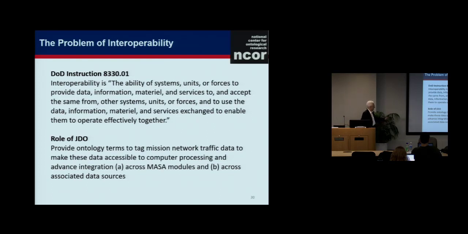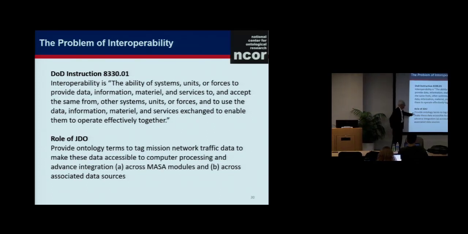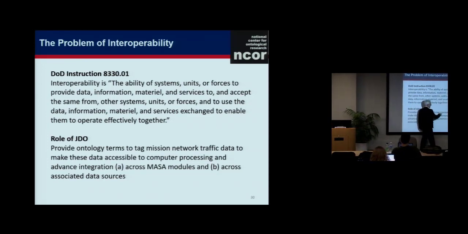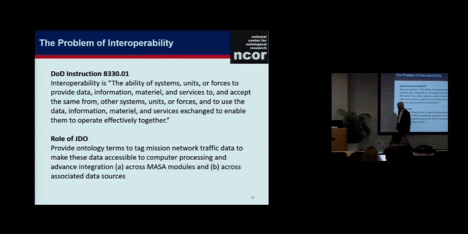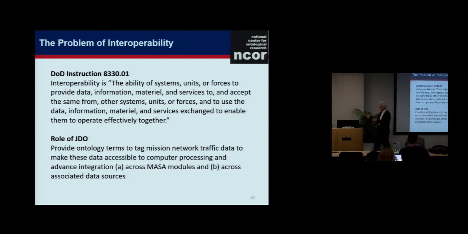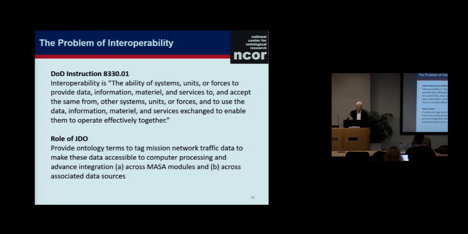And then the role of the Joint Doctrine Ontology is, for instance, to provide ontology terms to tag mission network traffic. So the idea is that if you're a group of warfighters, you're in the field, you have a network, you have a server, you have radios, and you have laptops, and you have helmets, all of which are connected to the network.